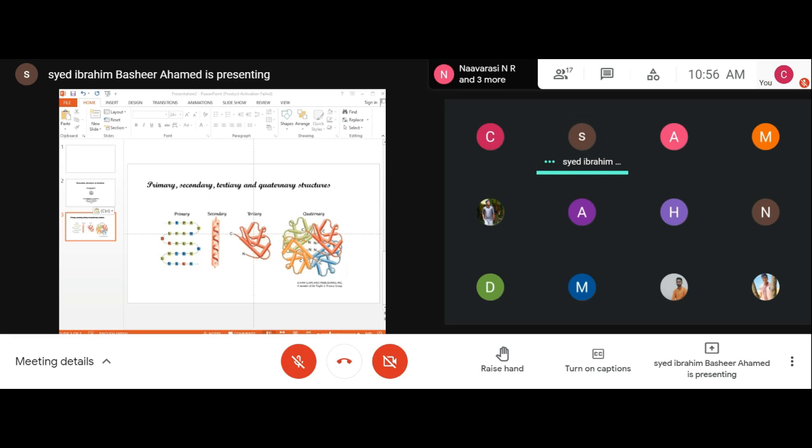A hormone is made up of amino acids only. But the number of amino acids present in a hormone will be very few. Maybe 10 amino acids, maybe 11, or 15. That's all.